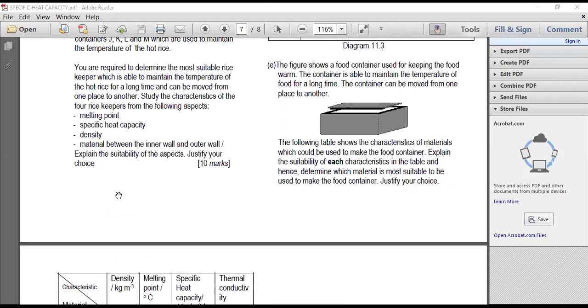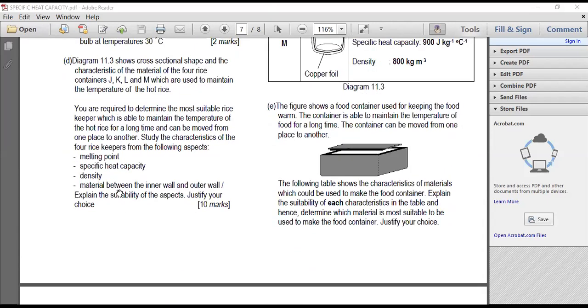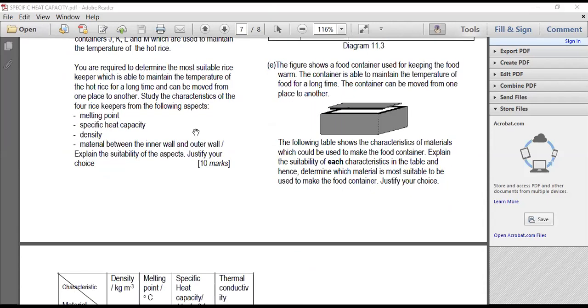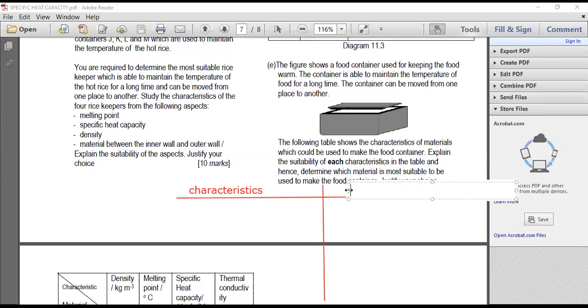For this one, you write your answer in the form of a table. The first column here will be characteristics, and this column will be your reason.